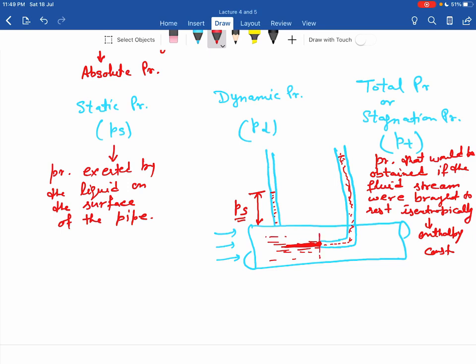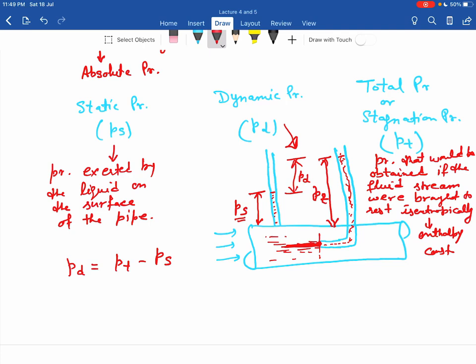In this case, whatever the liquid rise, that gives you the value of total pressure or stagnation pressure. The difference between these two is our third pressure, which we call the dynamic pressure. So dynamic pressure you can write as PT minus PS.